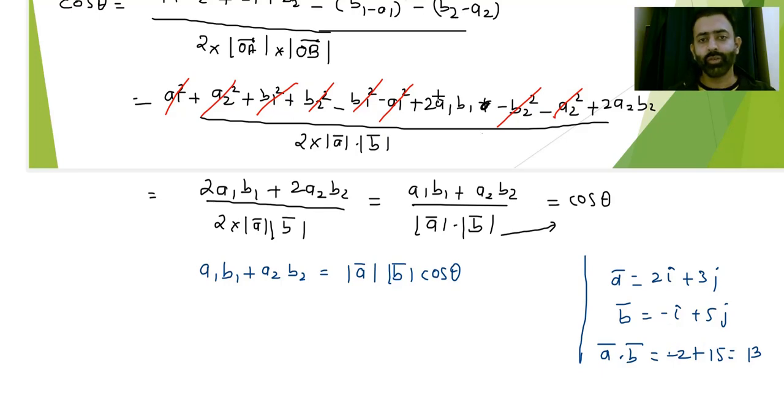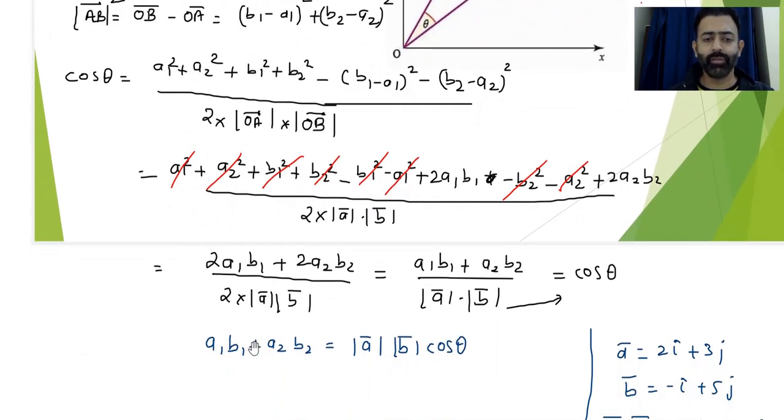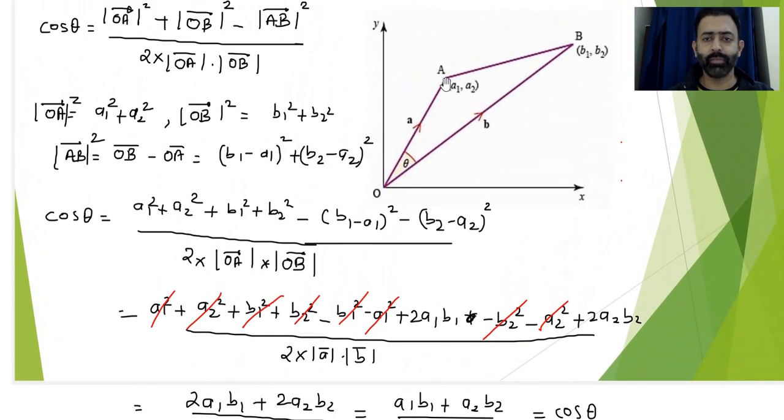So here I have the vectors A1 A2, this vector is OA and this vector is OB, and here I have B1 B2. So A1 B1 means the corresponding X coordinates of point A and B are multiplied. Similarly, A2 B2 is the corresponding Y coordinates of these vectors multiplied. Of which vectors? Vector OA and vector OB, not AB.